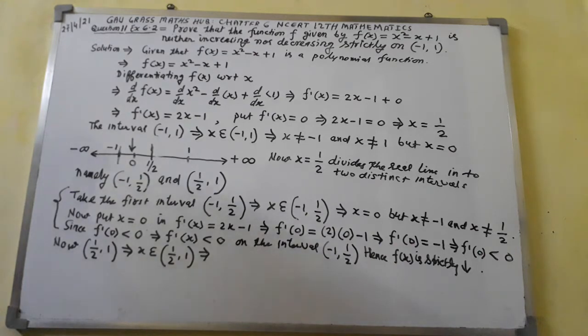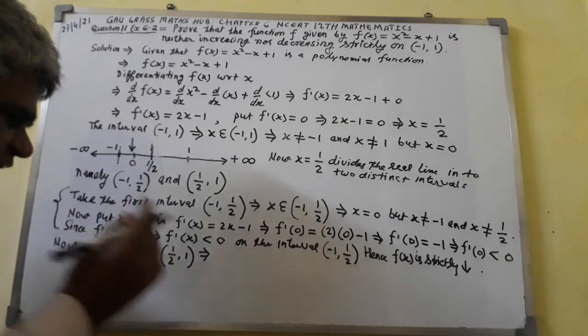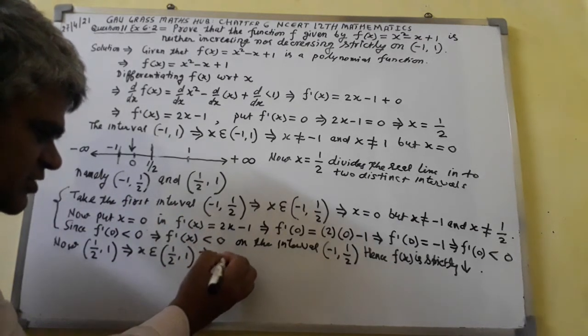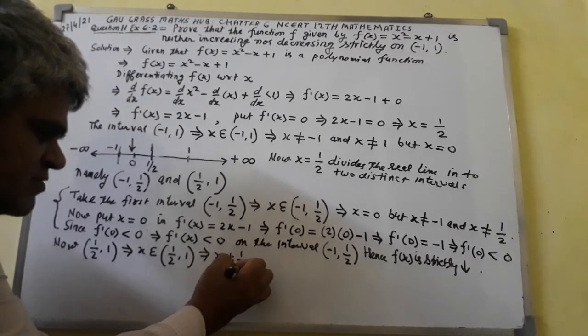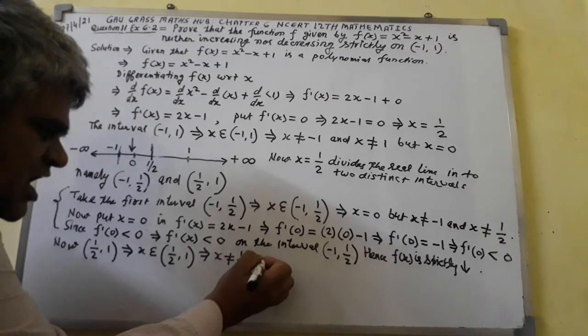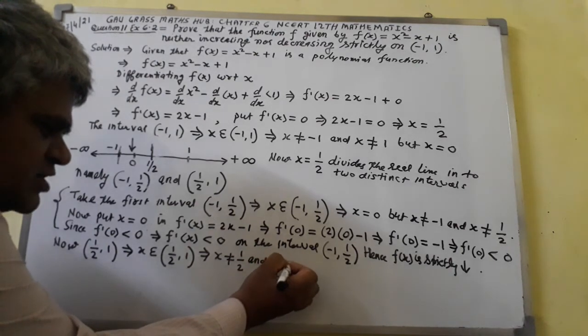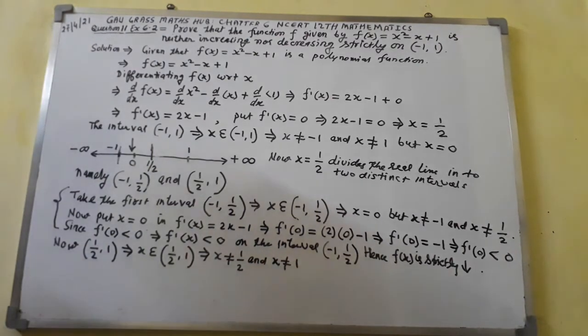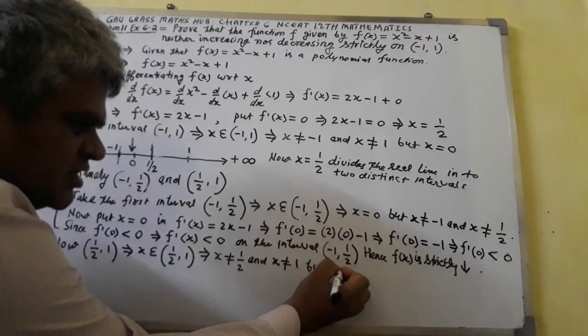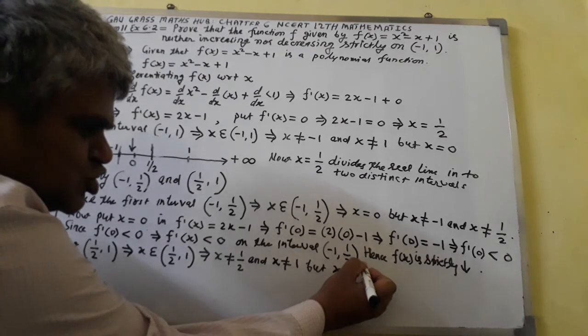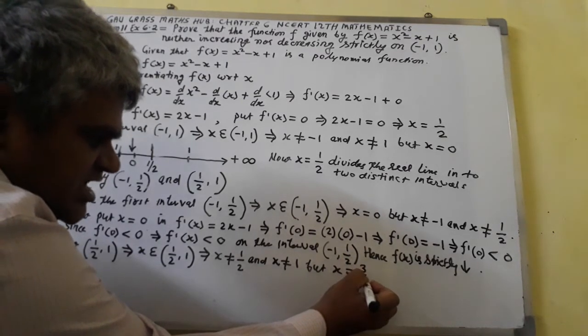So what point should I take? Between 1 over 2 and 1. The value of x will not be equal to 1 over 2, and also x will not be equal to 1. But x equal to 3 over 4 I shall take.